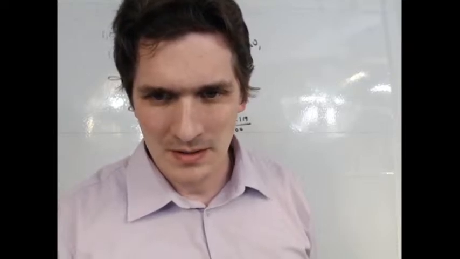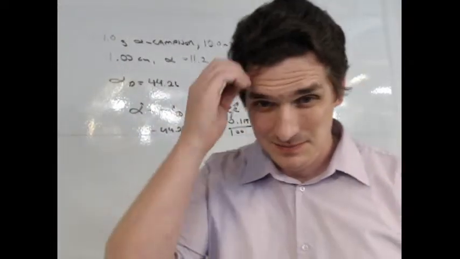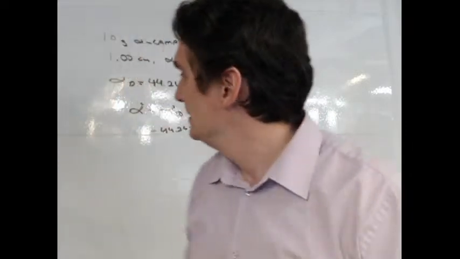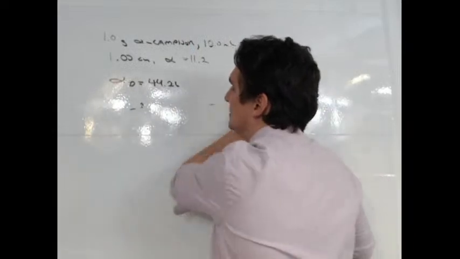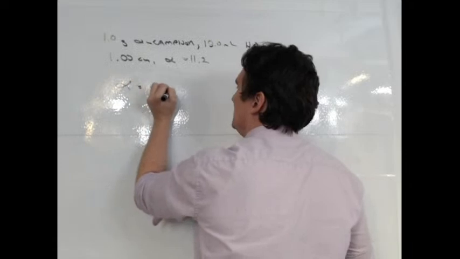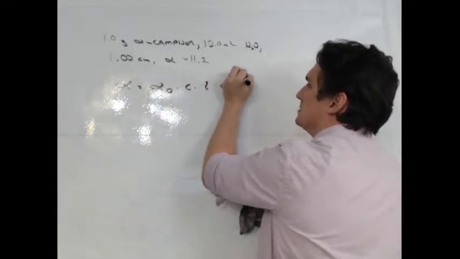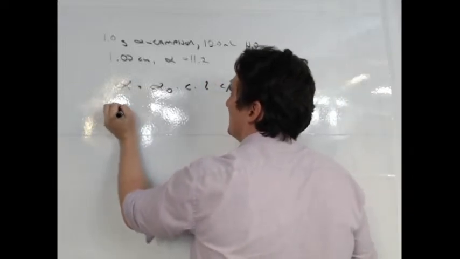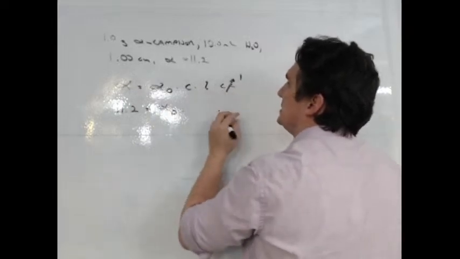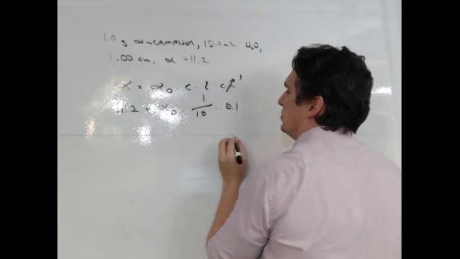One gram of, sorry, making sure I'm reading it right. So alpha equals alpha D times C times L, and we're going to treat the EE here as 100%. So alpha here is 11.2. We don't know what alpha D is. C is 1 gram per 10 mLs, and a path length of 0.1.